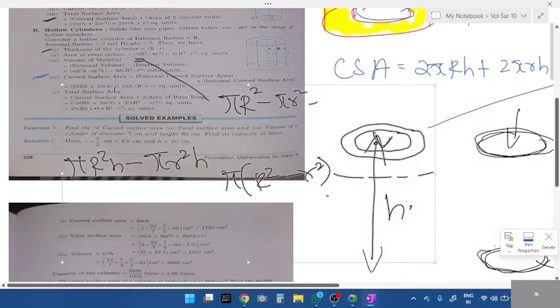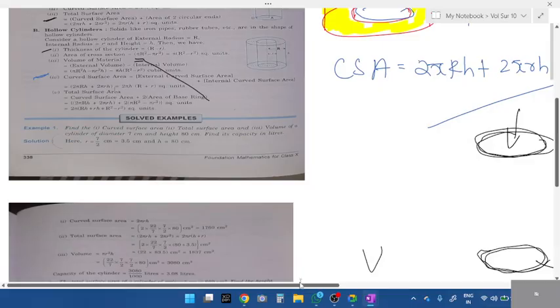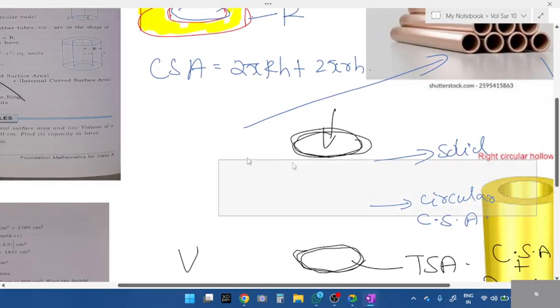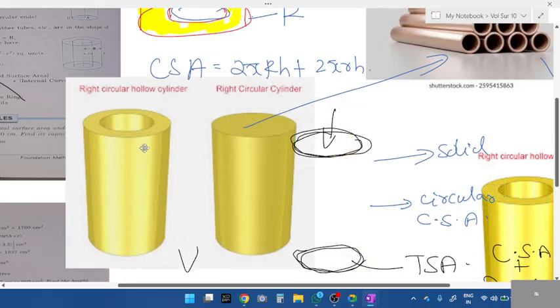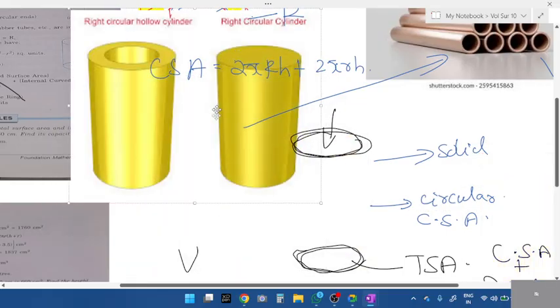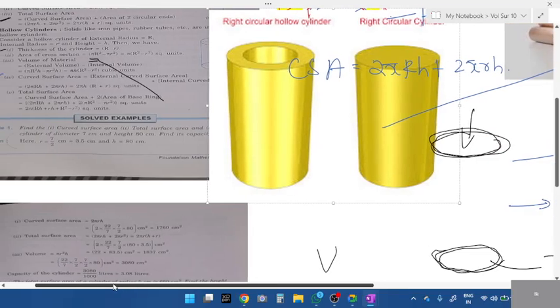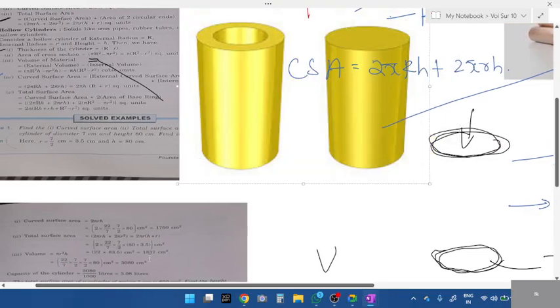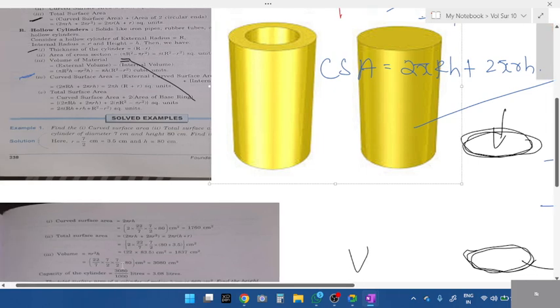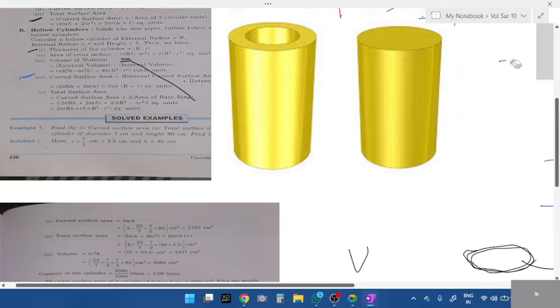Now, total surface area, students. Look here. The meaning of total surface area is what you can touch, both circular as well as top and down. Now, when it comes to this hollow cylinder, whatever we can touch is total surface area.